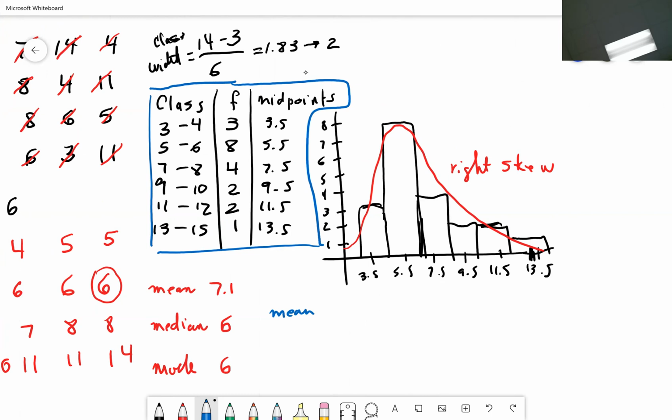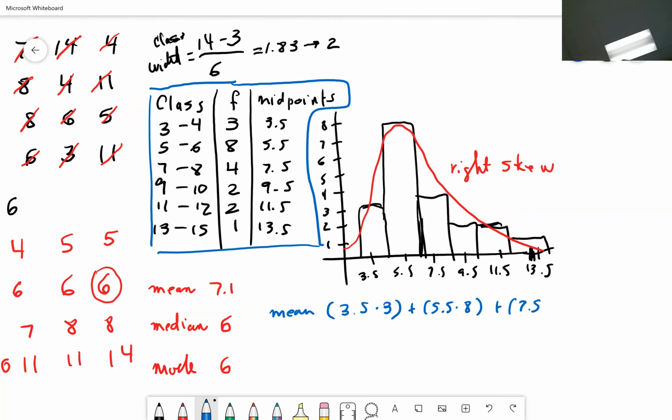But if I gave you that group frequency distribution, you would have had to take 3.5 times 3 plus 5.5 times 8 plus 7.5, sorry, I keep on messing up.